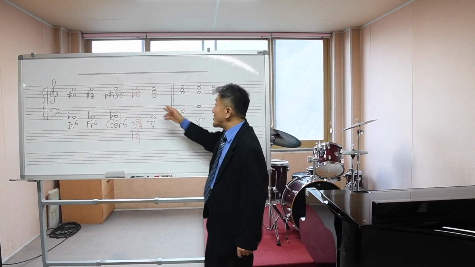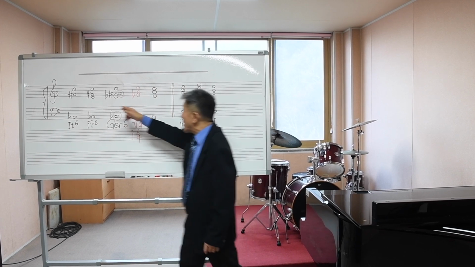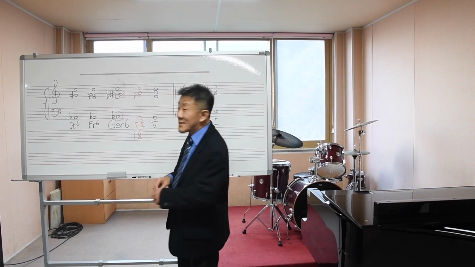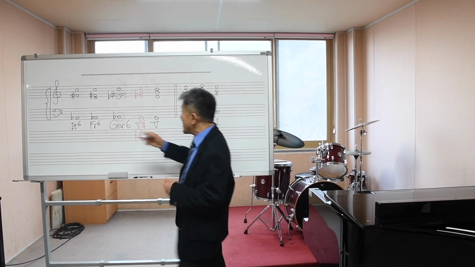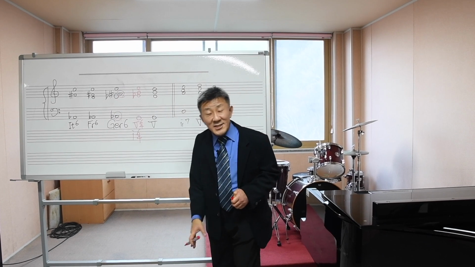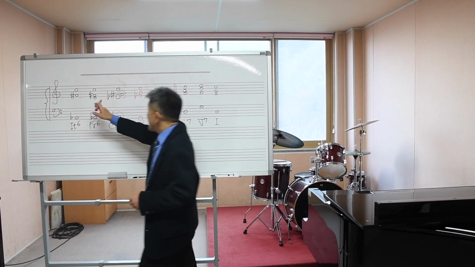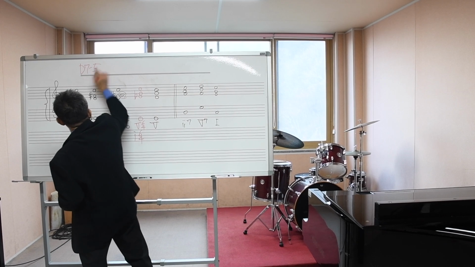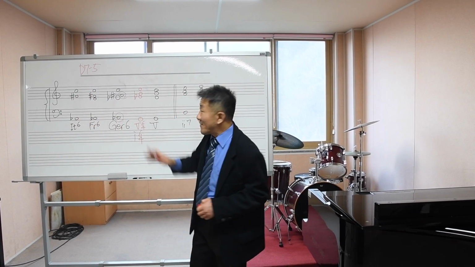So are they secondary dominants then? Well, if you look at this chord, French sixth in particular, it is definitely a secondary dominant. It's the second inversion of a dominant seventh chord. So it's this chord, right? D seventh flat fifth.